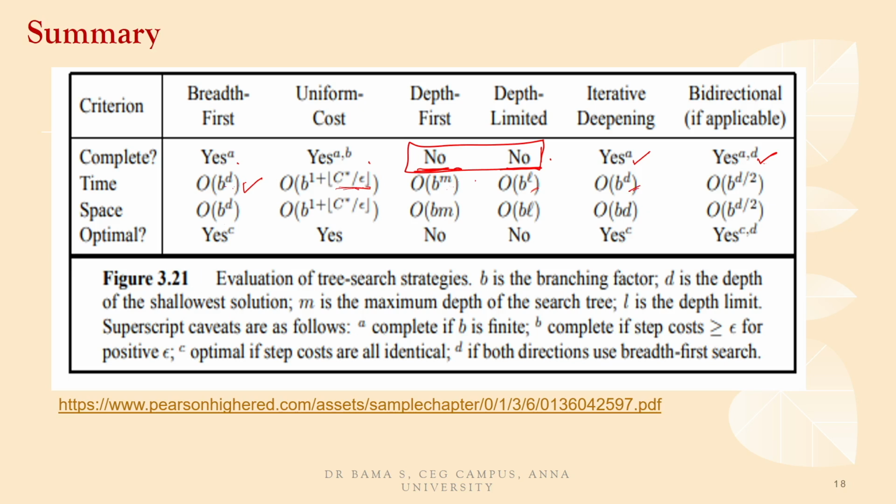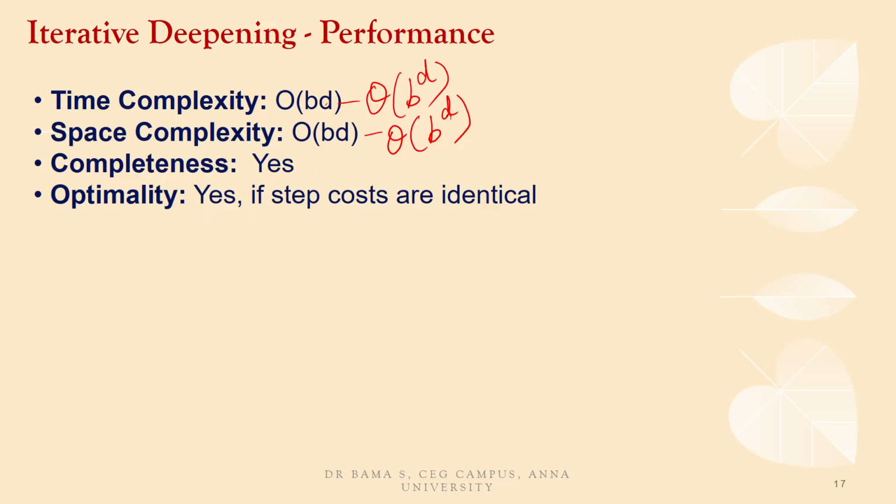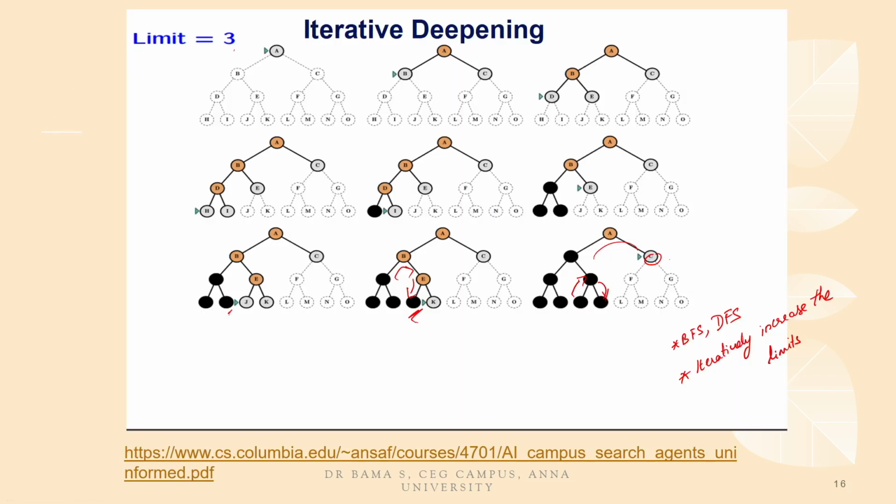The third performance measure, the space, BFS, uniform cost search are going to be the same, and the iterative deepening it is actually b multiplied by d, and in the previous slide I said it as b power d. The space complexity is order of b d, because this is not b power d. The reason is we have to store only that point of the node inside the memory, the other things can be deleted off.